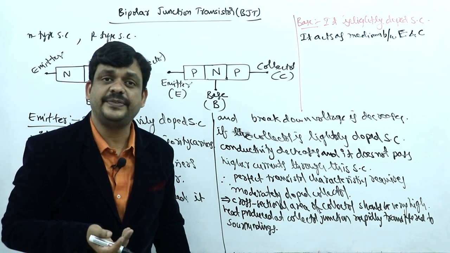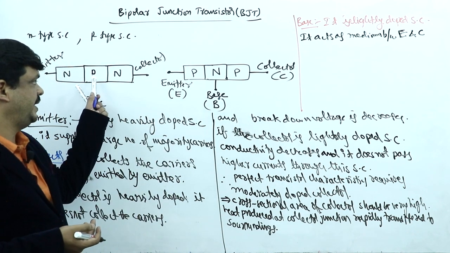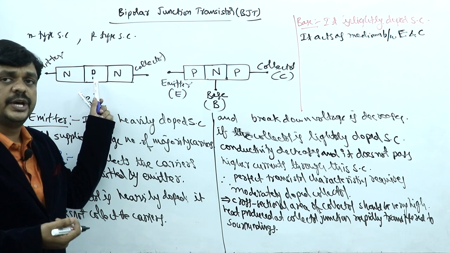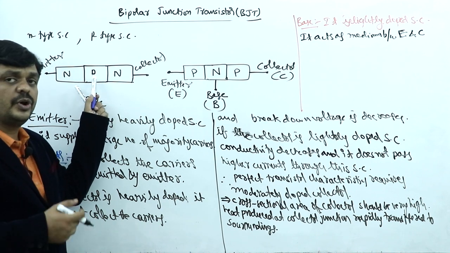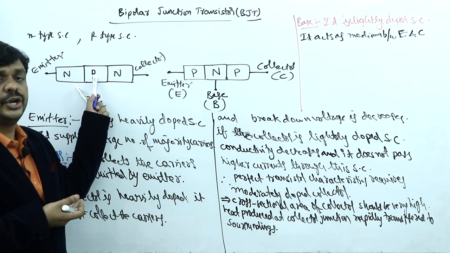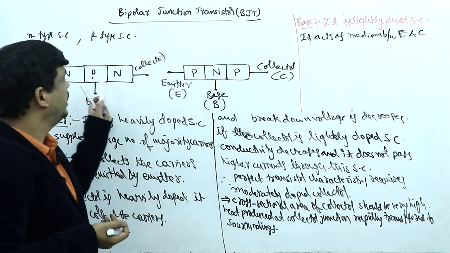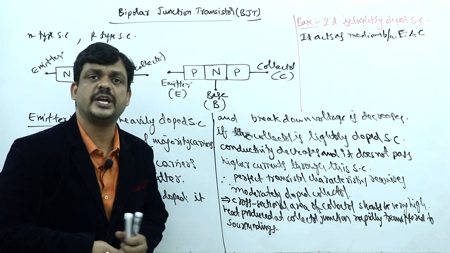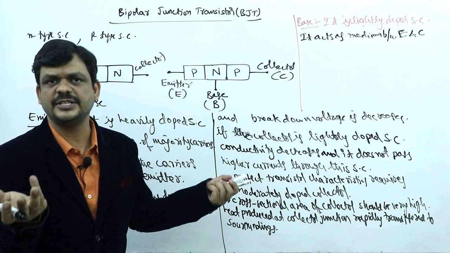If the doping level of the base is very high, what happens here? The base is located exactly in the middle of these two. If the doping level is very high here, more recombination exists. Due to that recombination, fewer carriers enter into the collector. So then it does not perform the transistor action.